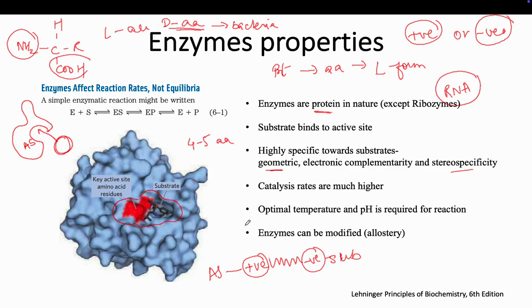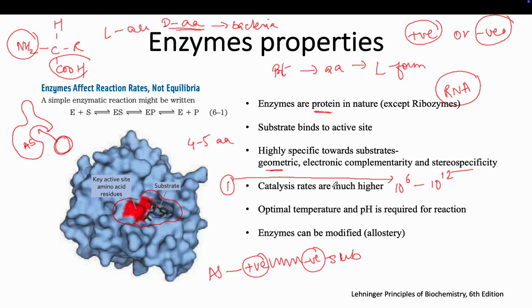Now, catalysis occurs at much higher rates, in the range of 10 to the power 6 to 10 to the power 12. If the uncatalyzed reaction is occurring at a speed of 1, the catalyzed reaction is 10 to the power 6 or 10 to the power 12 times faster.